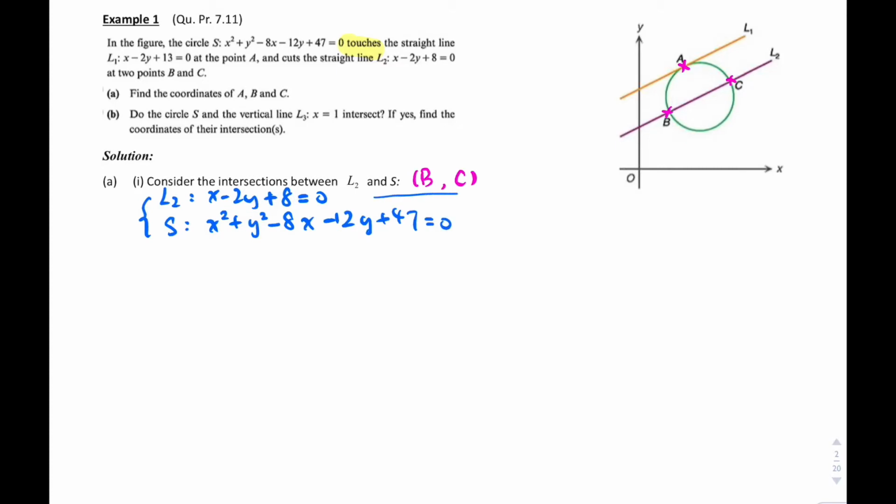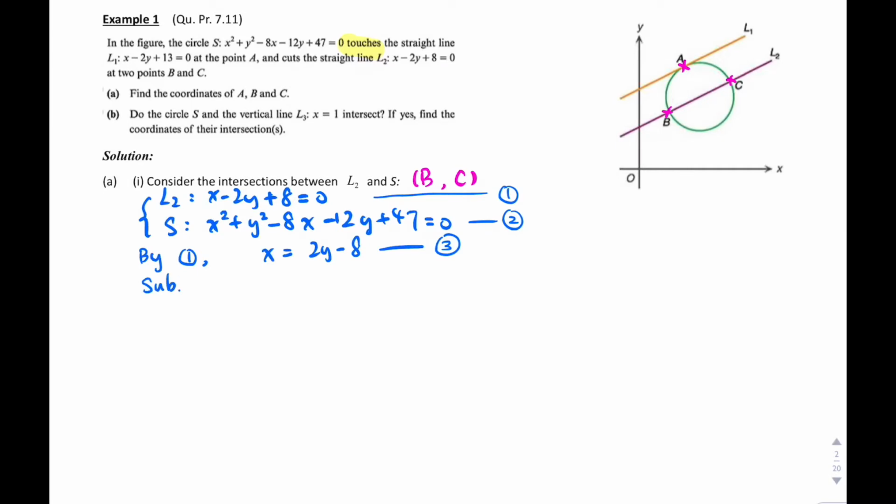And we label them as equation 1 and equation 2. Similarly, here, first, we make x or y the subject of the linear equation. Here, it is easier to make x the subject. And then we label this as equation 3.